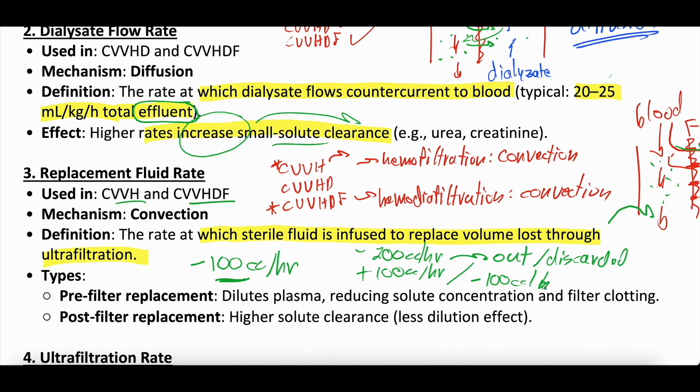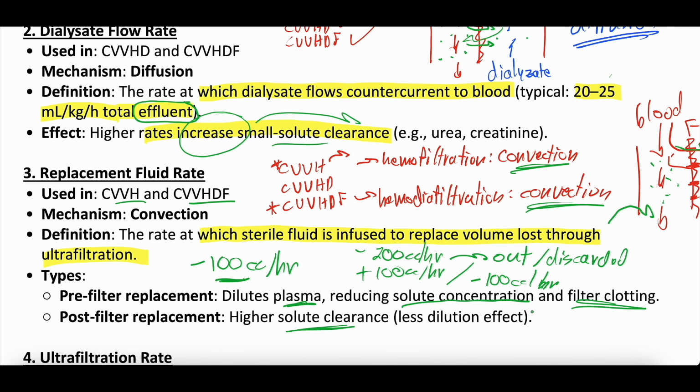And you can adjust all these things. Sometimes you replace this fluid pre-filter. The filter is the area where convection occurs, where you get rid of water and solute. So if you replace it pre-filter, it dilutes out the plasma passing through, so it reduces the solute concentration. It can lead to filter clogging. Whereas post-filter, you have better solute clearance.